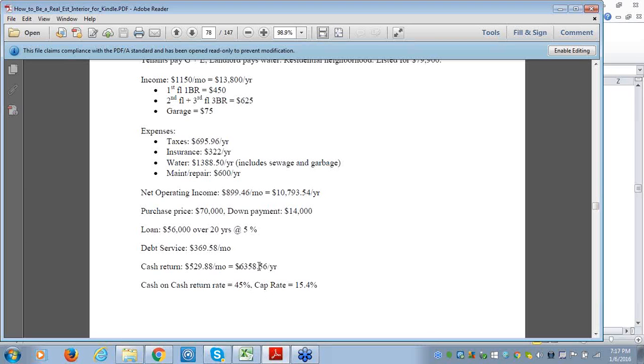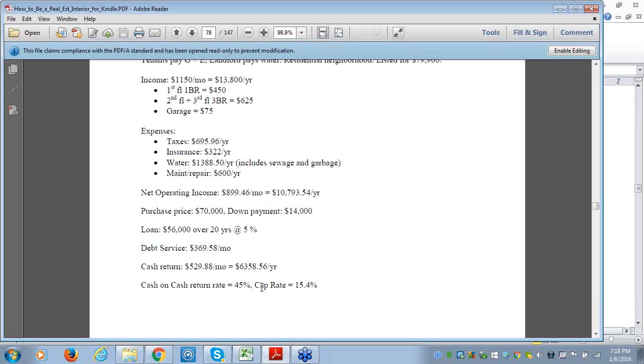So to calculate cash on cash, you take your cash return and divide it into your out of pocket, or your money into the property. In this case, the down payment. So $6,358.56 divided into $14,000 gives you a cash-on-cash return of 45%. Pretty darn good cash-on-cash return in my book. That's an excellent cash-on-cash return.